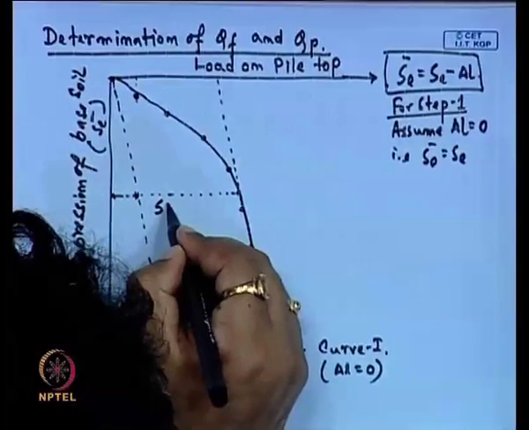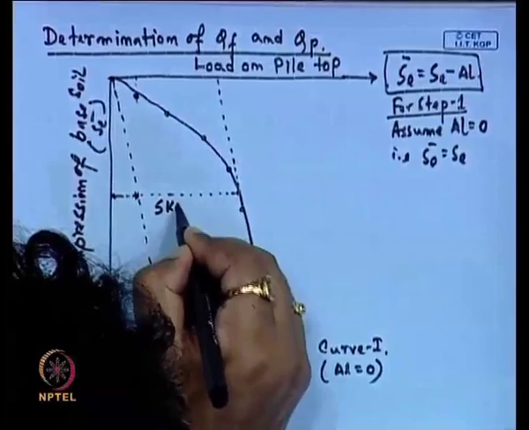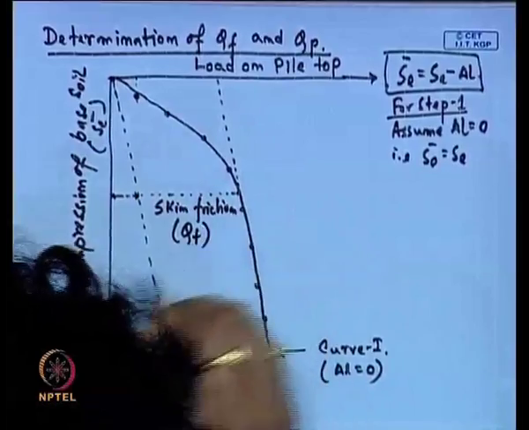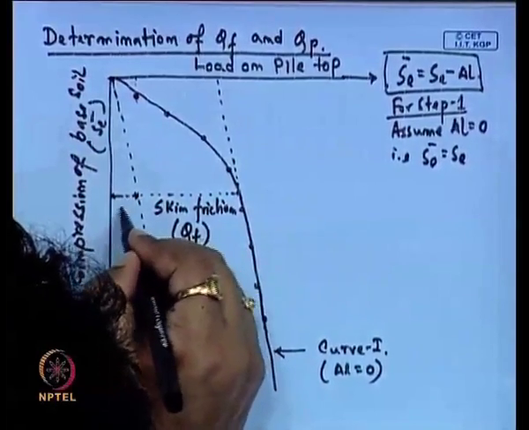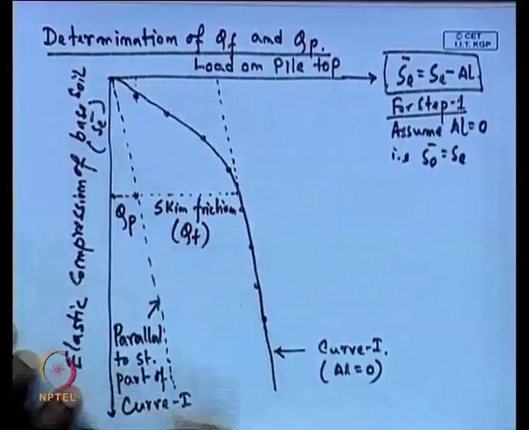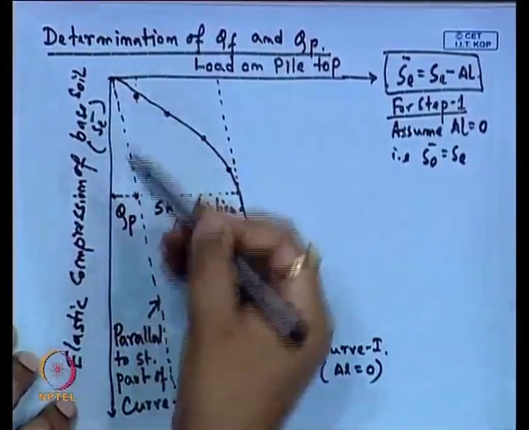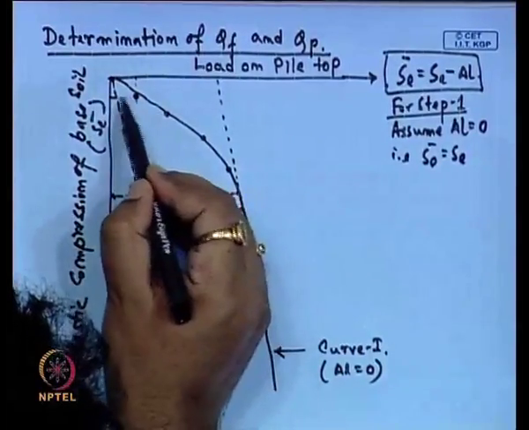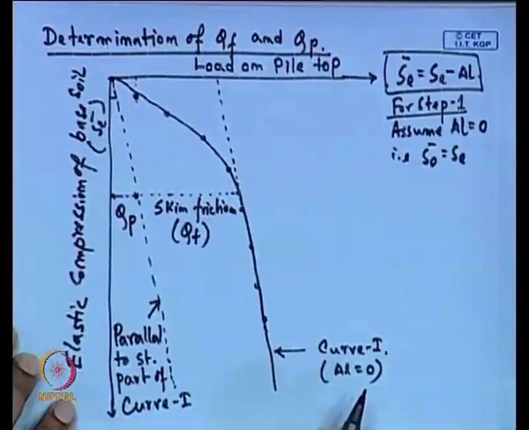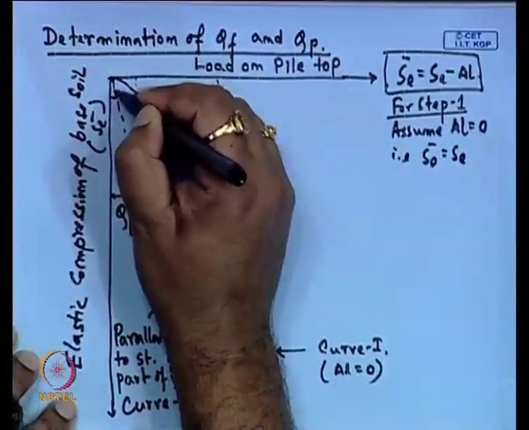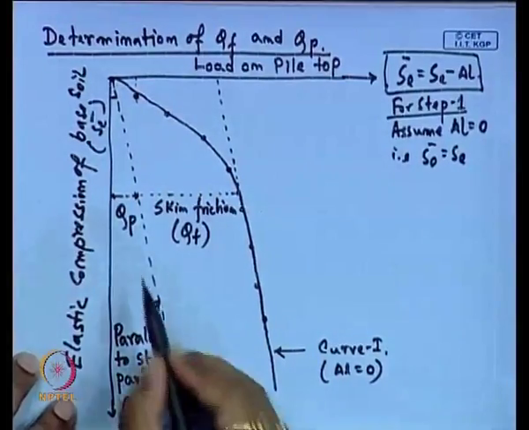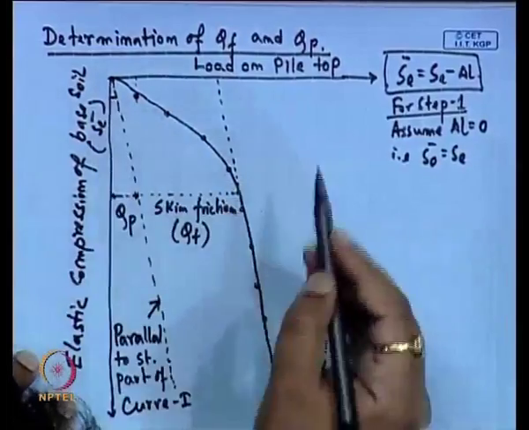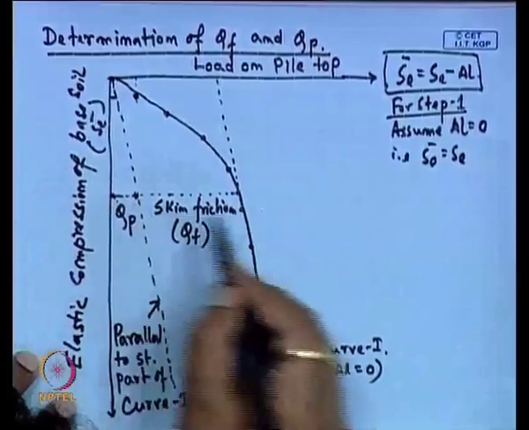This is the skin friction, or QF, and this is the QP part. For any loading position, from this portion here, this portion is QP, and this is the friction resistance part. So, once we get this, for any loading condition we will get the QP and QF.